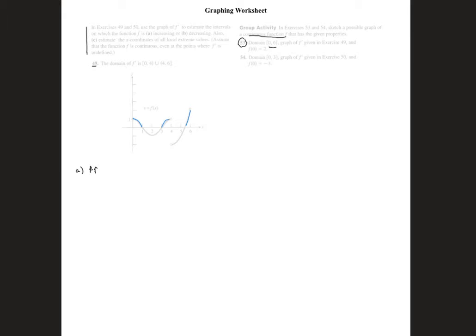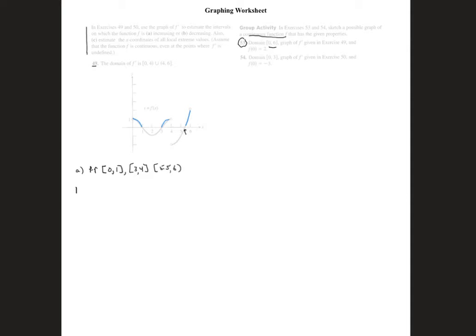So it's going to be increasing on the interval from 0 to 1, and also from 3 to 4, and again from 5 to 6. Actually probably not 5. That looks more like somewhere in the neighborhood of wherever that crosses there. We'll say 5.5 to 6.